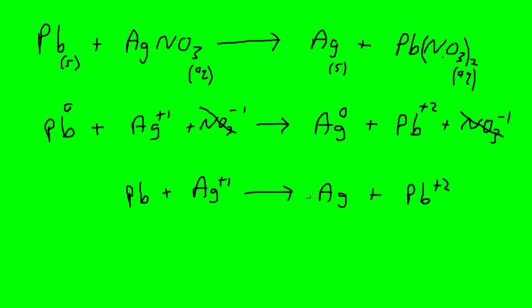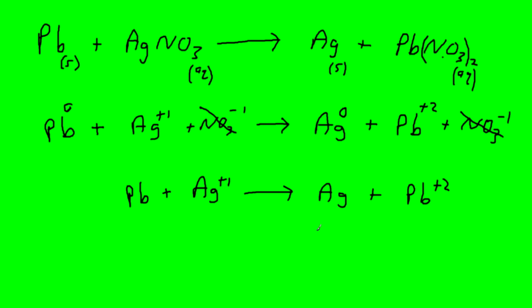This is actually something we may talk about at the end of the year. These are called oxidation reduction reactions, where elements are just transferring electrons around. You can see this lead went from a 0 charge to a plus 2. Okay, it gave away a couple of electrons in the process. The silver was a plus 1, it went to 0, so it ended up gaining an electron to be neutral.